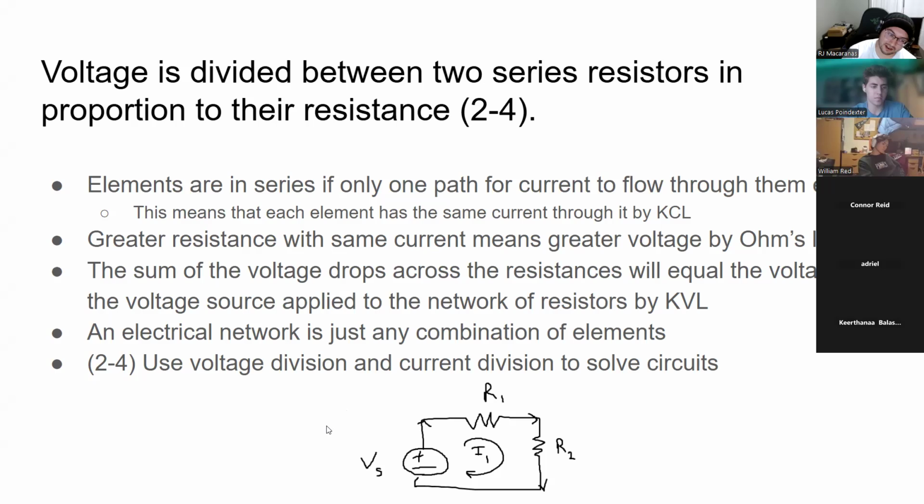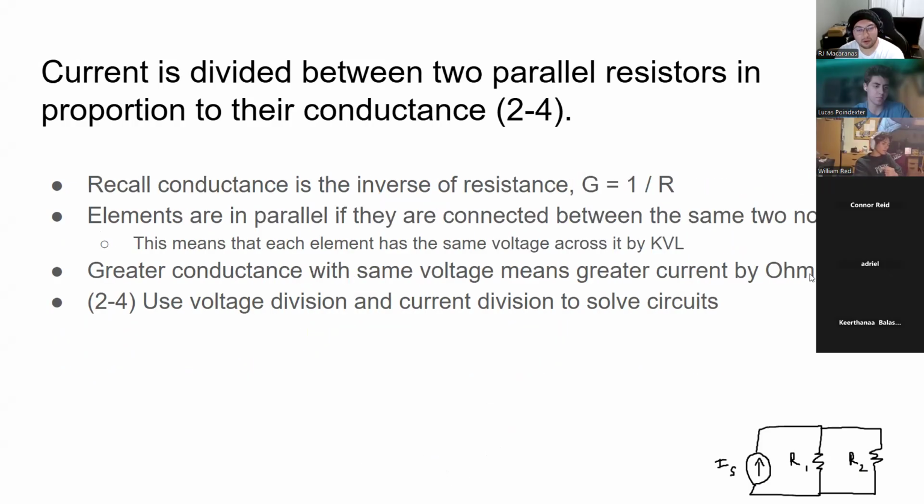It's got to come from somewhere. So generally speaking, resistors cannot supply power. And so when we have this voltage divider structure, if we sum the voltage drops across the resistances, it'll equal the voltage of the source. That's an important takeaway.